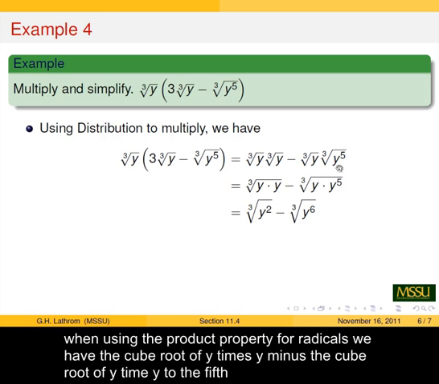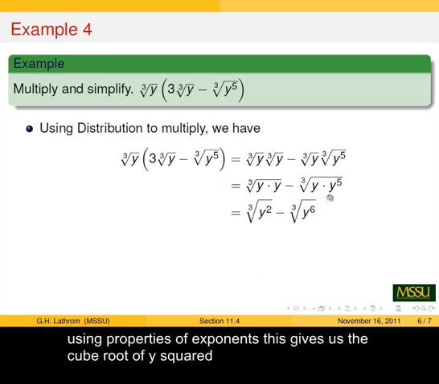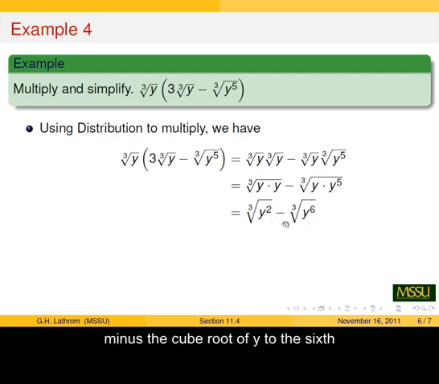Then using the product property for radicals, we have the cube root of y times y minus the cube root of y times y to the 5th. Using properties of exponents, this gives us the cube root of y squared minus the cube root of y to the 6th.